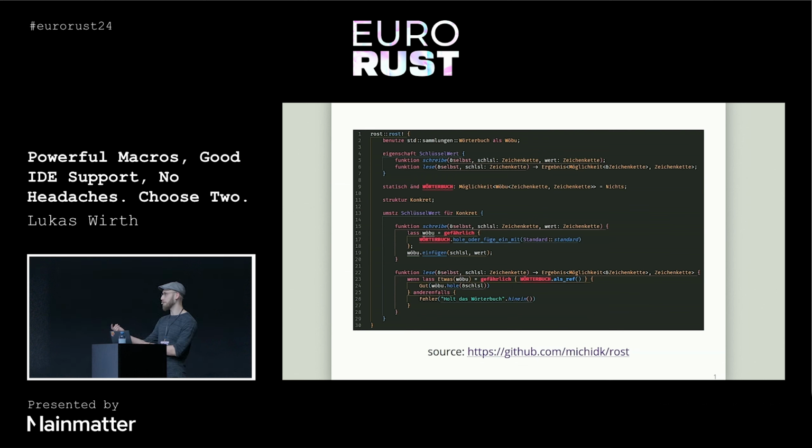So to start off, I just wanted to show a small macro that allows you to write basically Rust in German. And there's a bunch of variations of this macro online with a bunch of other languages.